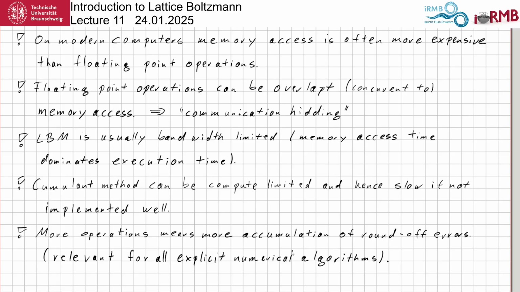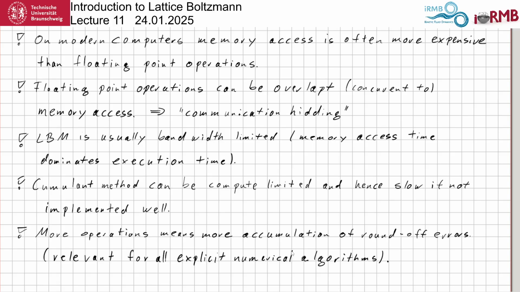And this actually is a more serious problem than the execution time. Because execution time, okay, you could talk execution time away. Even saying the cumulant method is an order of magnitude slower than the BGK method, we get better results and we are scientists, we just want to see whether it works.